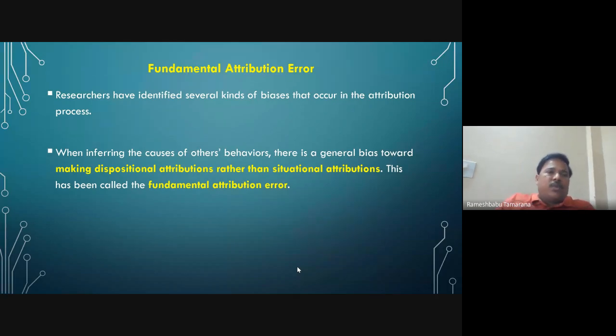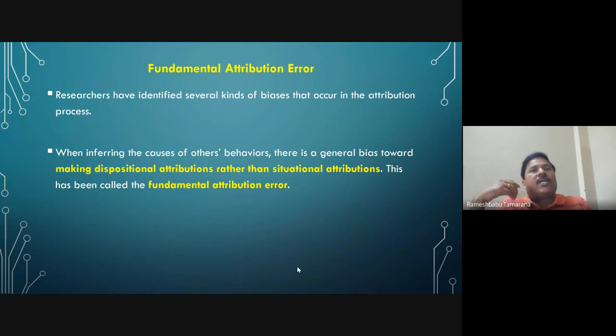Not every time we ascribe a particular behavior or see causes why a particular individual behaves that way, we end up with certain biases. So the researchers have identified several kinds of biases that occur in the attribution process. Basically, we have three important errors or biases.